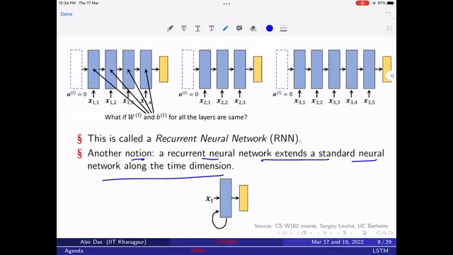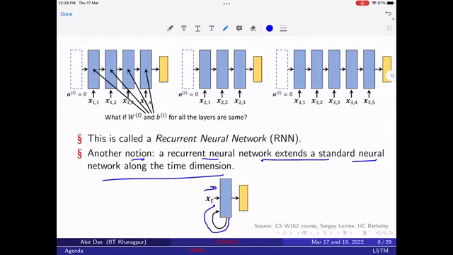You give some input xt, where t can be 1, 2, 3, 4, so x1, x2, x3, x4, etc. And this circular arrow means that the layer has as input these x1, x2, x3, etc., and the output from the previous layer.